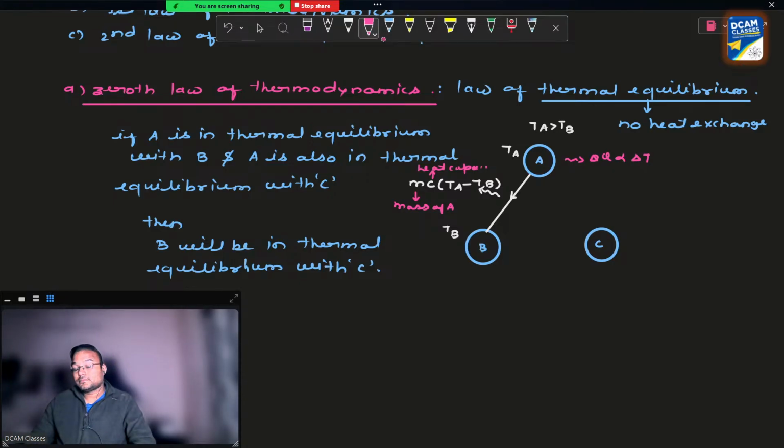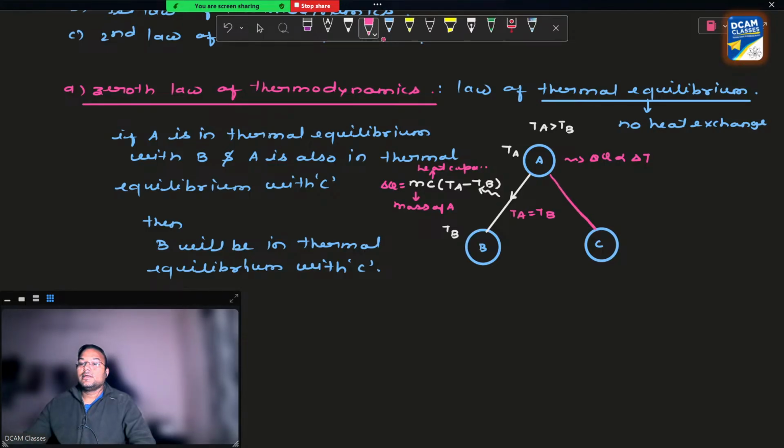Now when there is no heat exchange, means I said A is in thermal equilibrium with B, no heat exchange is taking place. When it will happen? When temperature of A is equal to temperature of B, then only no heat exchange will take place. TA is equal to TB.